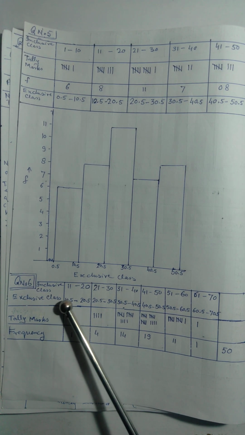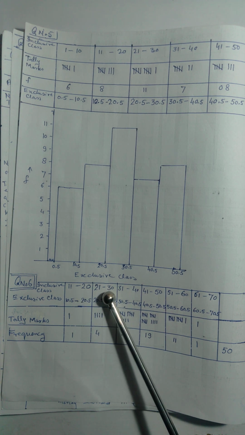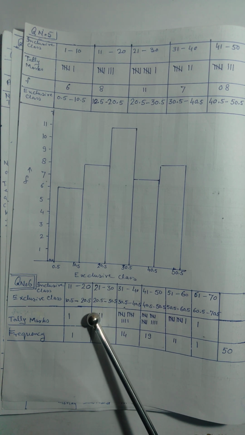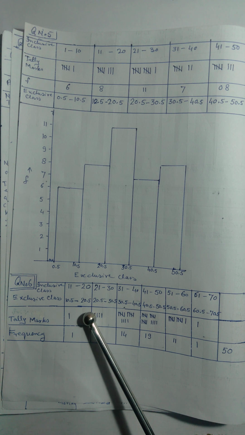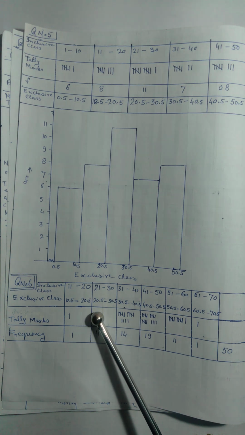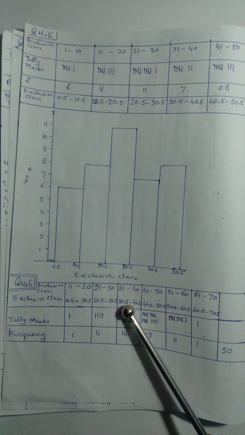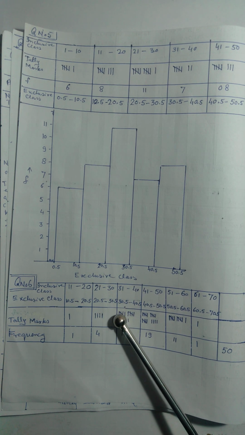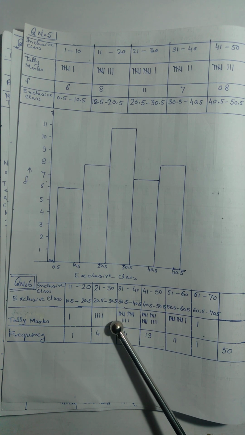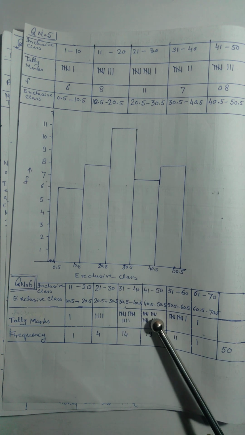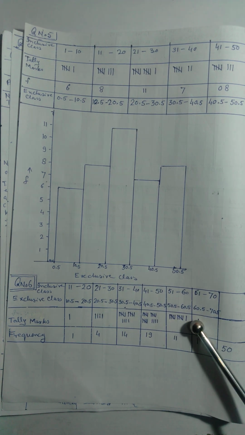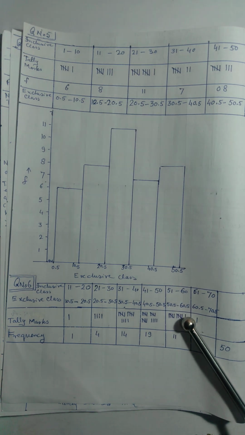Now you see the inclusive class: 20 plus 21 divided by 2 will give you the upper limit of the first class and the lower limit of the second class. Similarly, 30 plus 31 divided by 2 is 30.5. In this way you can find the upper and lower limits correspondingly.